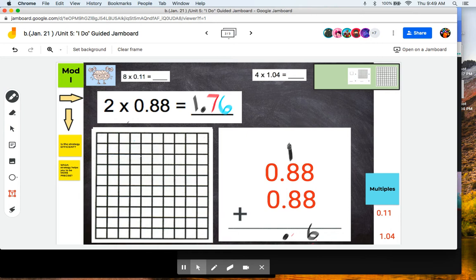Transfer. 8 plus 8, 16 plus 1, 17. Transfer. 1 plus 0 plus 0 is 1. Does my sum match my product? Yes.